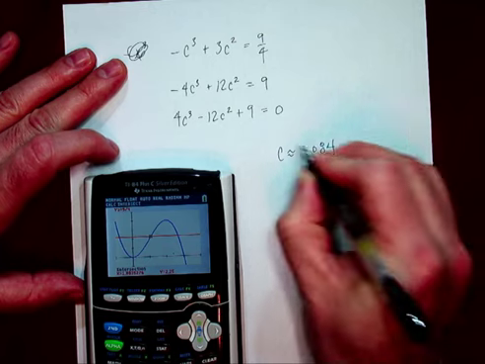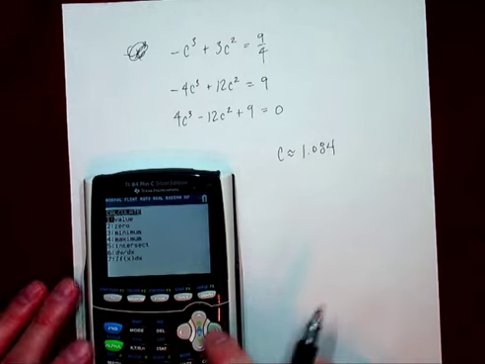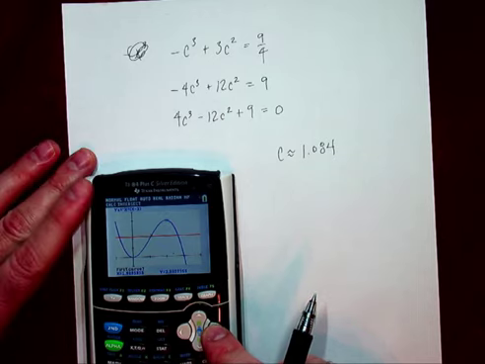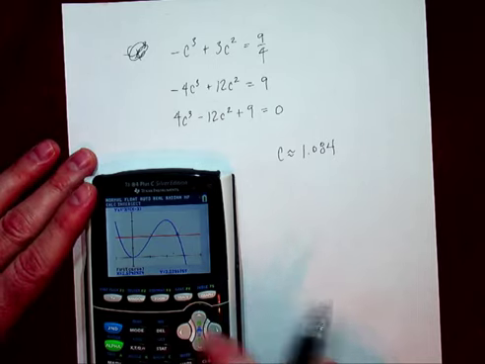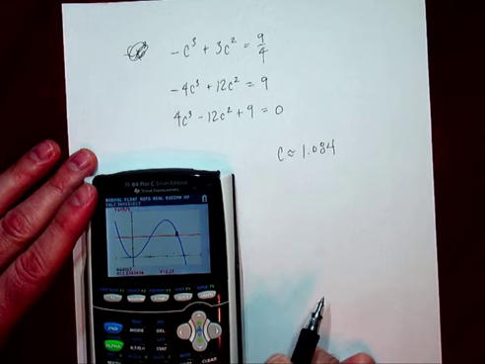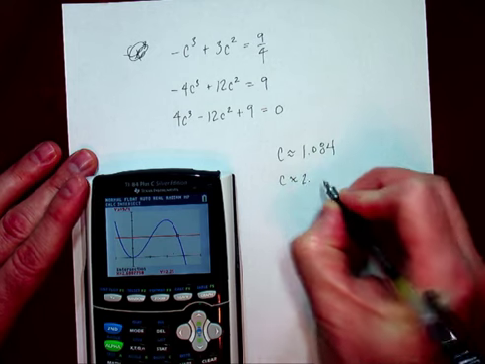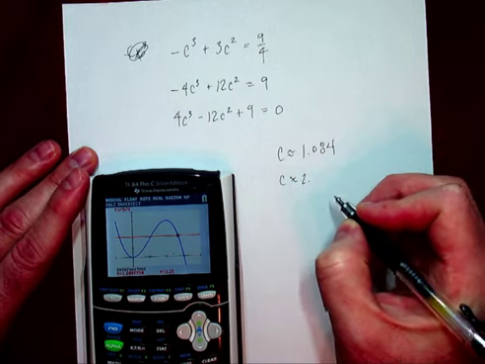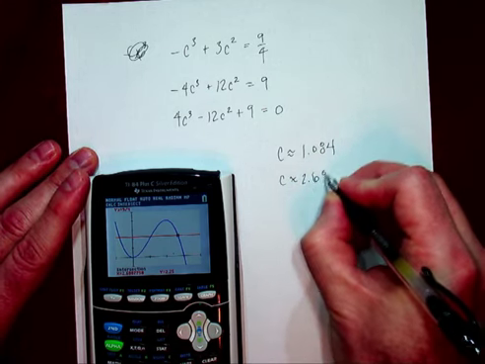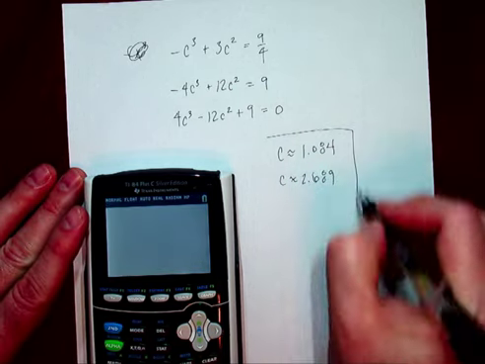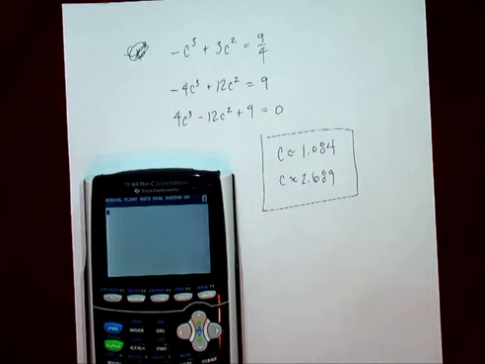Okay, let's calculate again, and we'll breeze on over here towards the other point of intersection. Equals, and we have c is equal to 2.689. Okay. Now, time is running short, so you get the idea on this one. Let's go ahead and move on to part C.